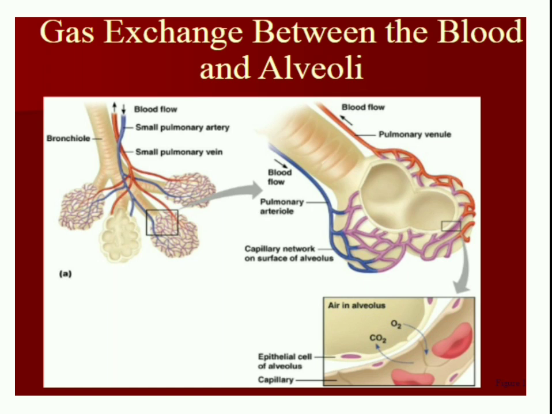There will be loading of oxygen as well as unloading of carbon dioxide at the alveoli level. Whereas in the tissues, there will be exactly the opposite condition, where oxygen will be unloaded, and that same oxygen will be delivered to the cell and tissue for further cellular respiration.